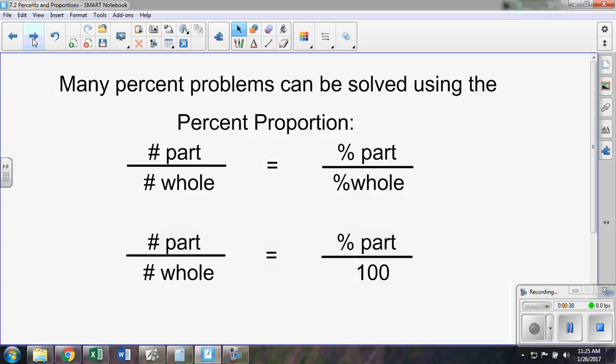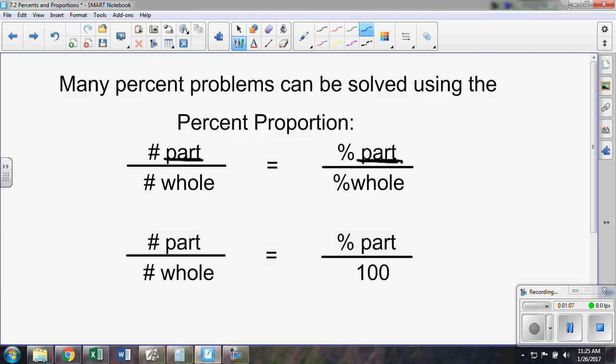A lot of percent problems can be solved using a proportion like this. Keeping in mind that when we were working with rates and solving, we focused really heavily on having matching labels. Anytime you're creating a proportion, it's based on matching labels. And so the percent proportion is based on the so-called labels of having the part in the numerator for both of them.